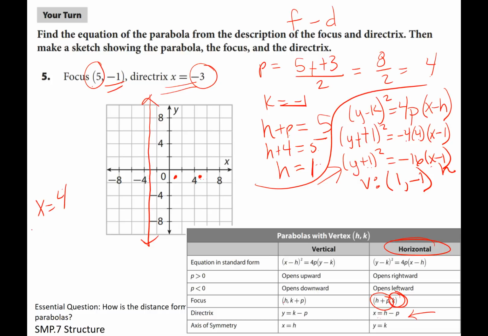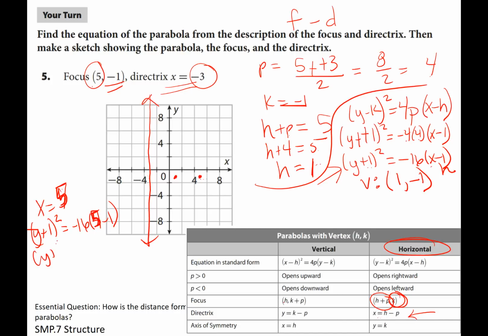So we've got y plus 1 squared equals -16 times 4 minus 1. Oh, that's not going to work out so good, is it? 5 would be better, I think. Let me double check. Yeah, let's put in a 5. I'm trying to force a square number.